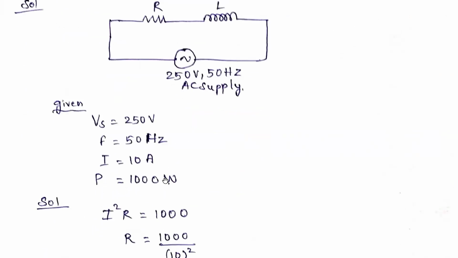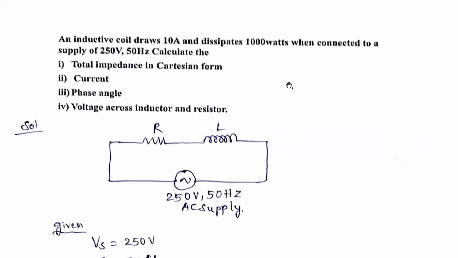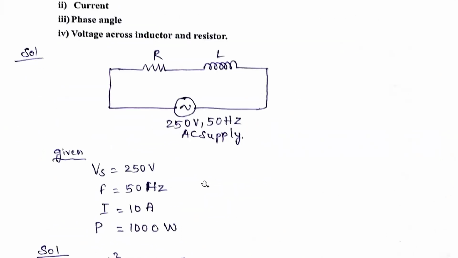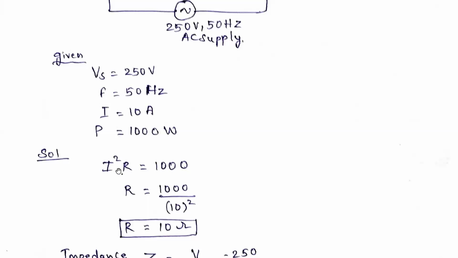So now from the power we can easily calculate what is R, because power dissipated is 1000 watts. Power is nothing but I squared R. Why I squared R and not VI? P is equal to VI also, the voltage into current.